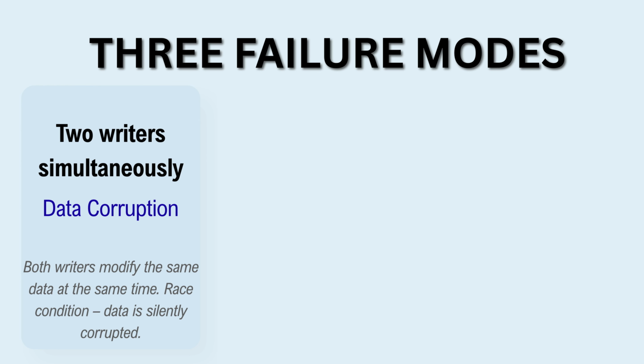Three things can go wrong without proper synchronization. First, two writers running simultaneously. Both modify the same data at the same time. One overwrites the other's changes. This leads to a classic race condition. Data is silently corrupted.